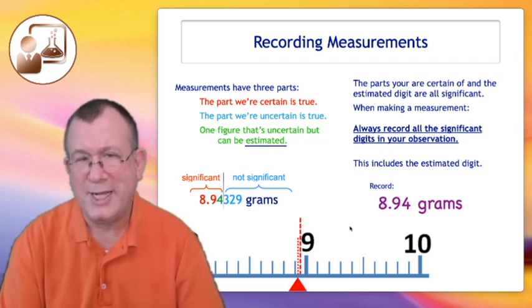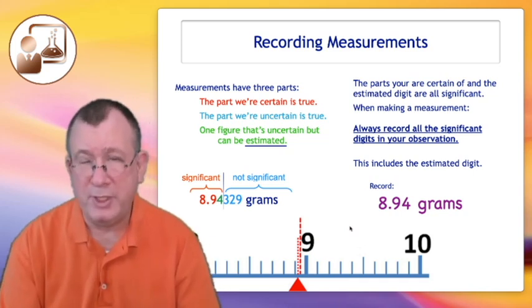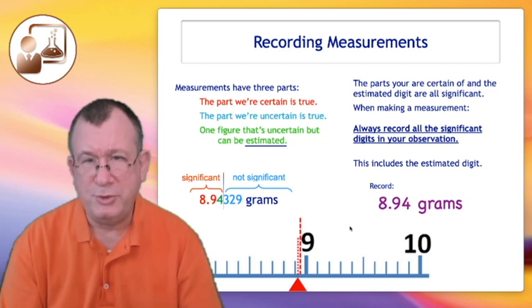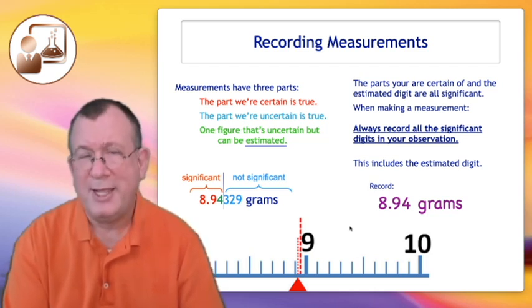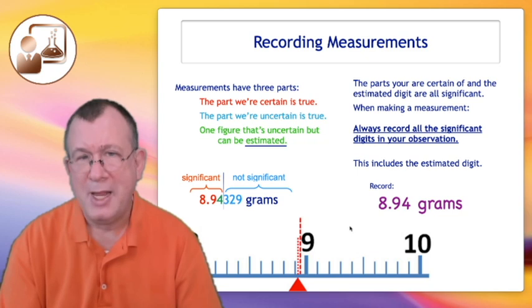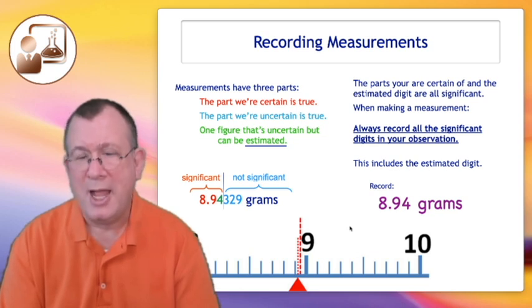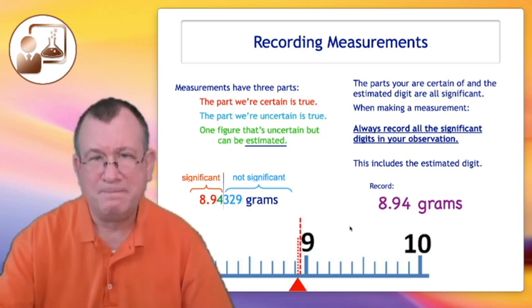Someone who put 8.99, we can both see that that triangle isn't more than halfway between the two. That would be an unreasonable estimate. But every measurement that you capture, you are obliged to put everything you're certain of and an estimated digit, a reasonable estimate based on how far between the two smallest marks your reading is.